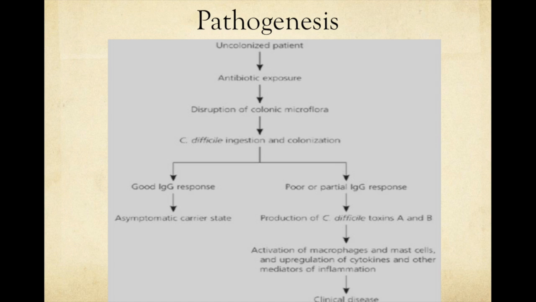After this happens, you end up seeing the production of the C. difficile toxins, so toxins A and B, and this ends up leading eventually to the clinical disease. The hallmark or the precipitating event itself is the actual infection through the disruption of the flora.